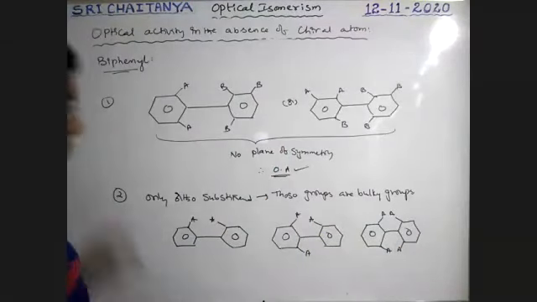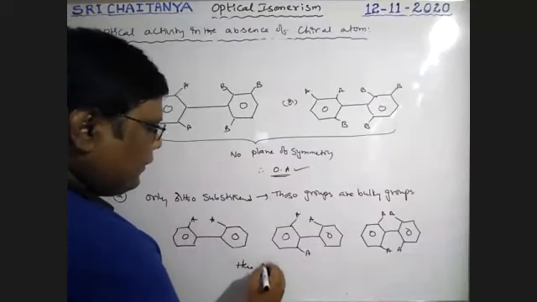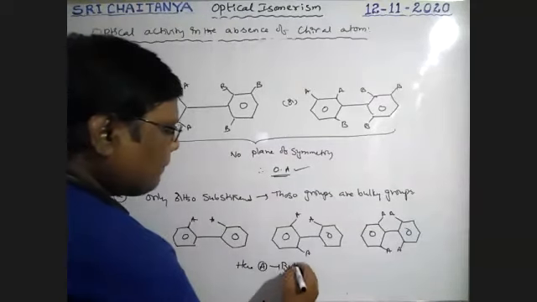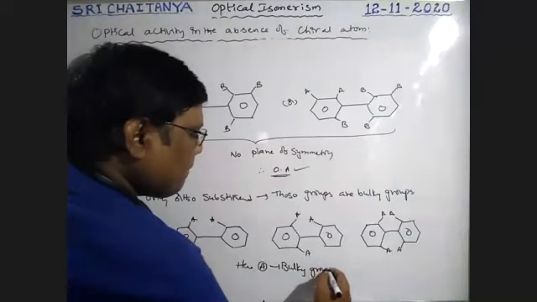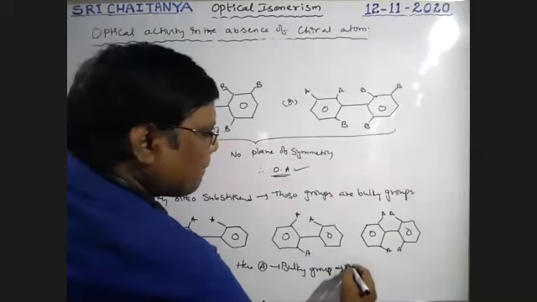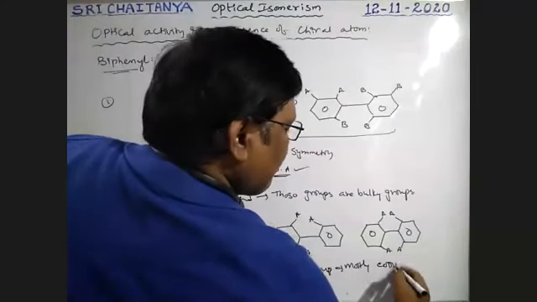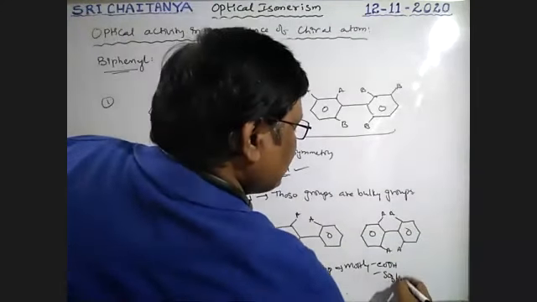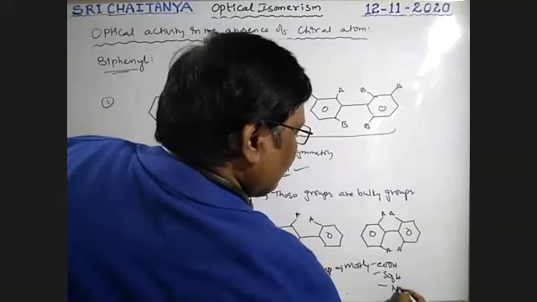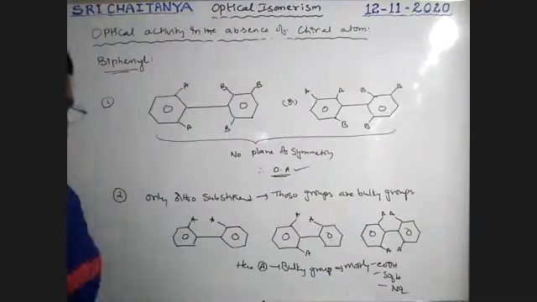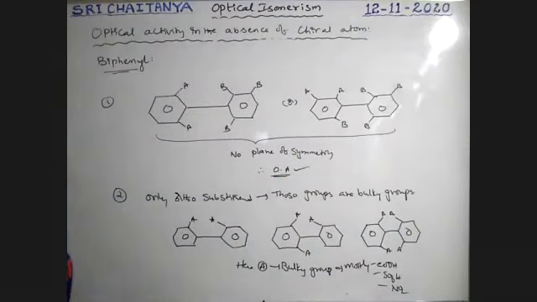If A is a bulky group, so mostly COOH, SO3H or NO2 groups. If these groups are available, mostly, not always.